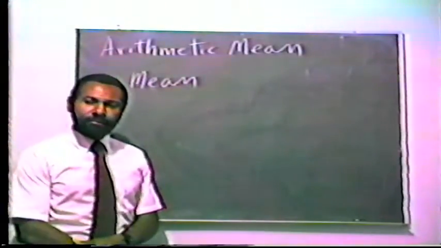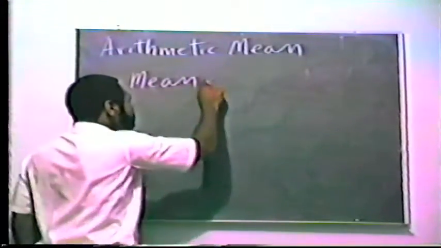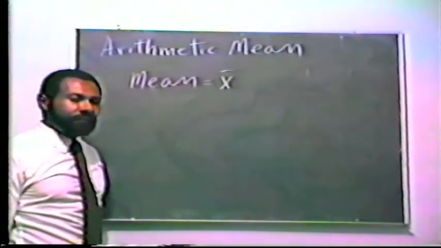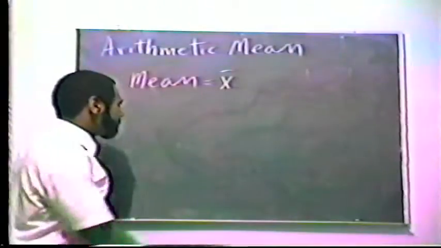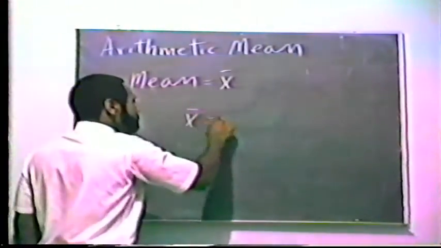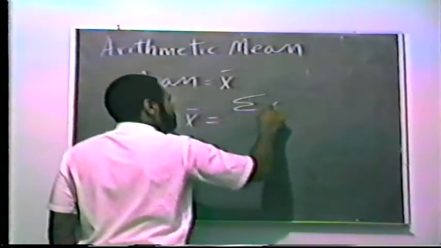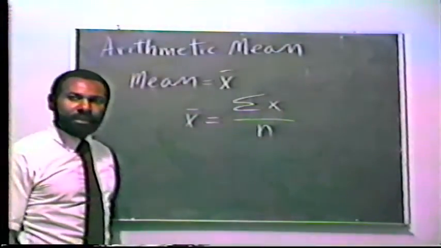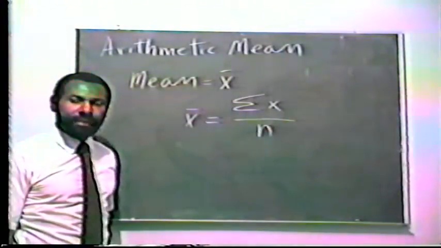For a sample, we use x bar to represent the mean. And for the formula, we have this. This is the formula that we use to find the arithmetic mean.